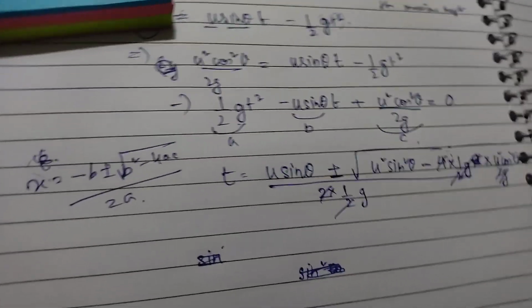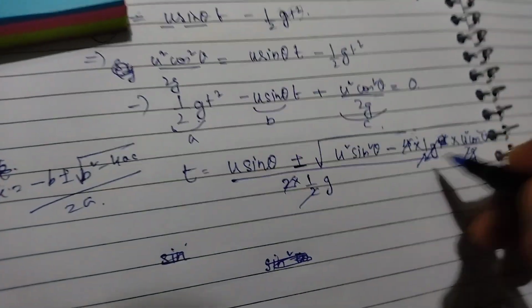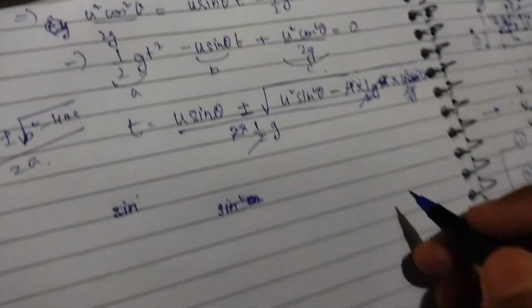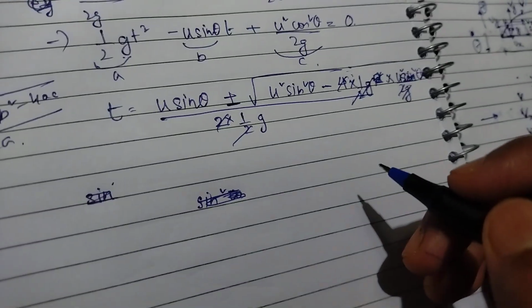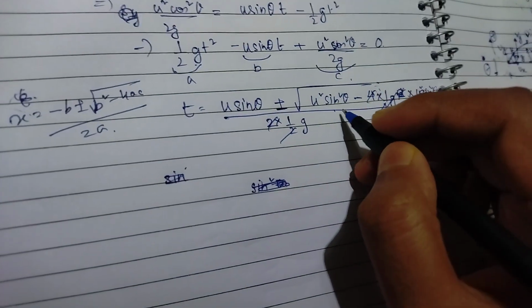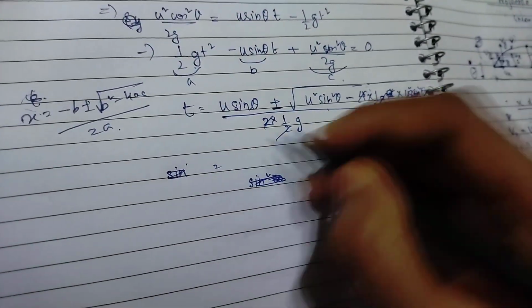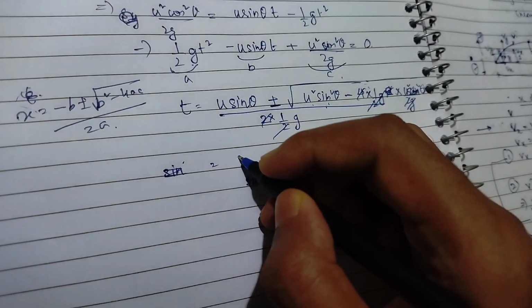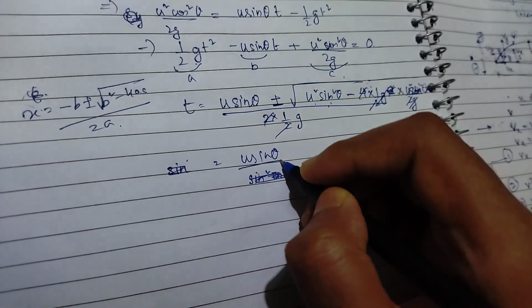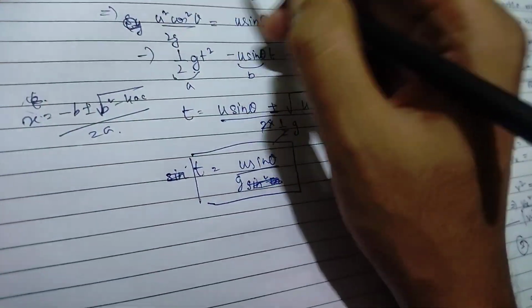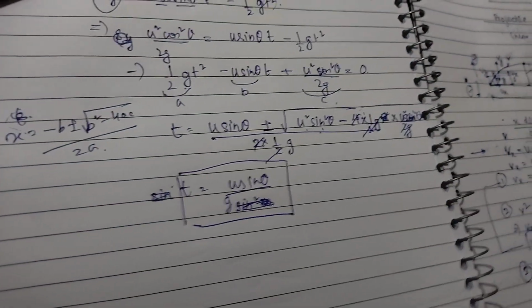So this will become 0, because u square sin square theta minus u square sin square theta. So it would be u sin theta by g, the time taken to reach maximum height.